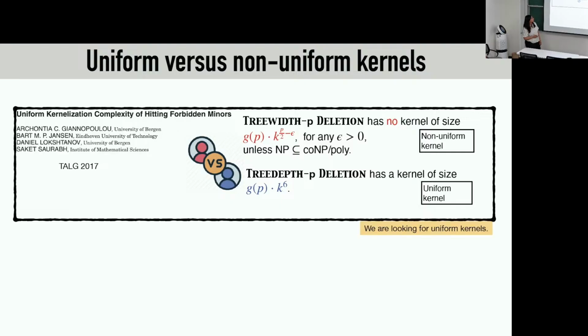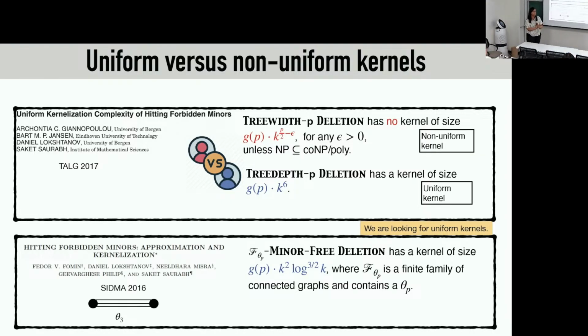And before that, other than tree depth p deletion, the only other sub problem of F minor free deletion which admits a uniform kernel is this F theta p minor free deletion problem, where F theta p is a finite family of connected graphs, and you are forced to have a theta p in this family.